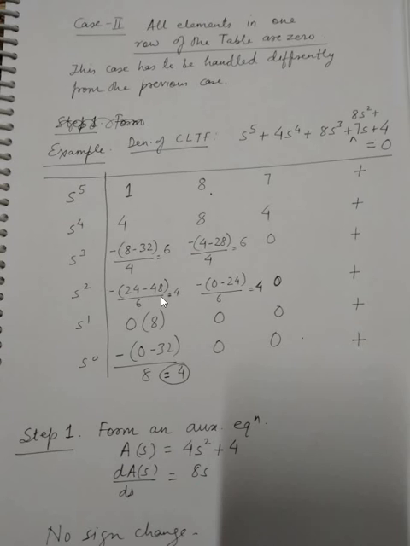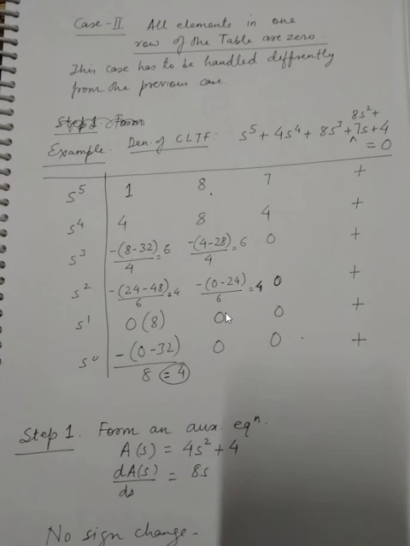How will you find this entry? Now 6 4s are 24 here, minus 8 6s are 48, a minus of this divided by this entry 6 is equal to 4. Similarly here, we look at 0 into 4 is 0, minus 6 into 4 is 24, a negative of it divided by the entry here 6 is 4 and 0.